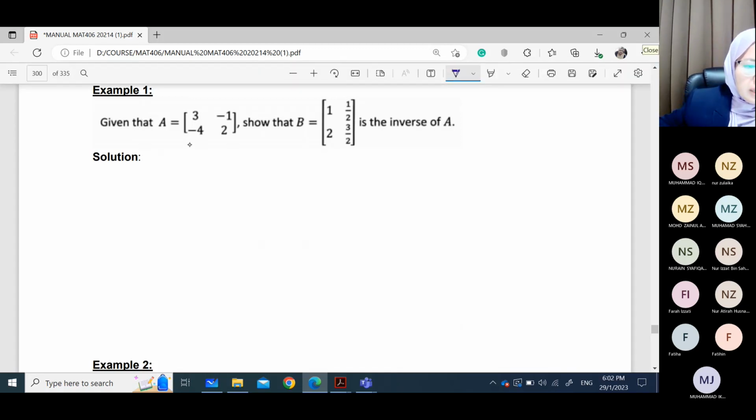Okay, so given that A is this matrix, show that B is this one, is the inverse of A. Okay, so B is the inverse of A, or we can say that B it is equivalent with inverse of A. Okay, so as a solution, A inverse, it is equivalent with 1 over determinant of A multiply with cofactor.